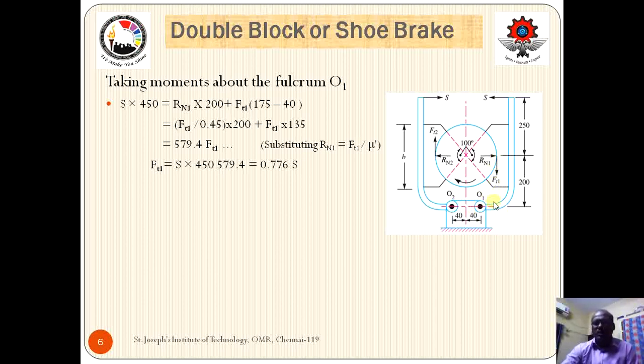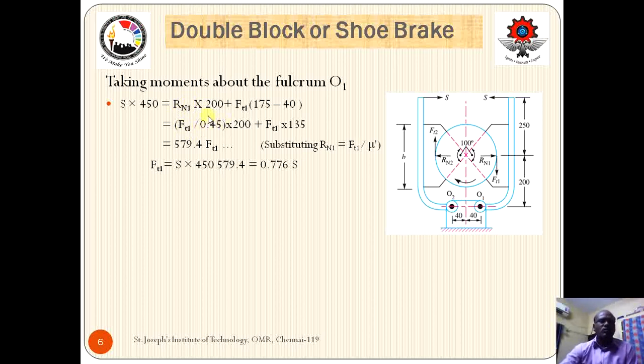Force into perpendicular distance, so that is 175 minus 40. Subtract 40 and you will get the remaining value. That's this value. So 175 minus 40.